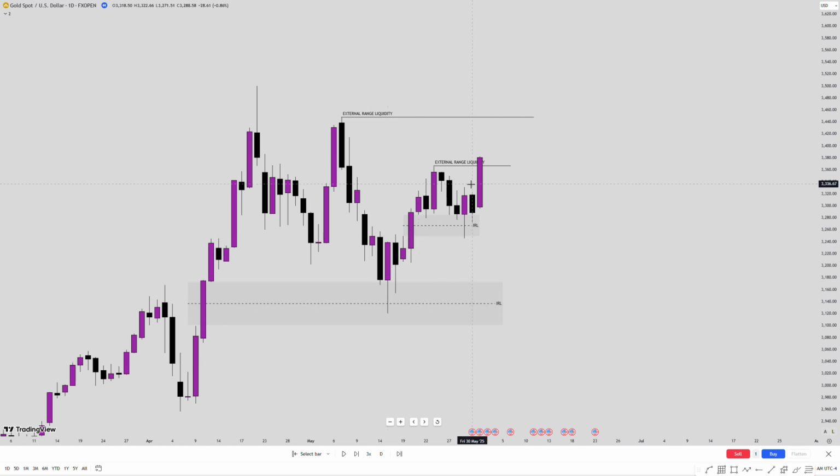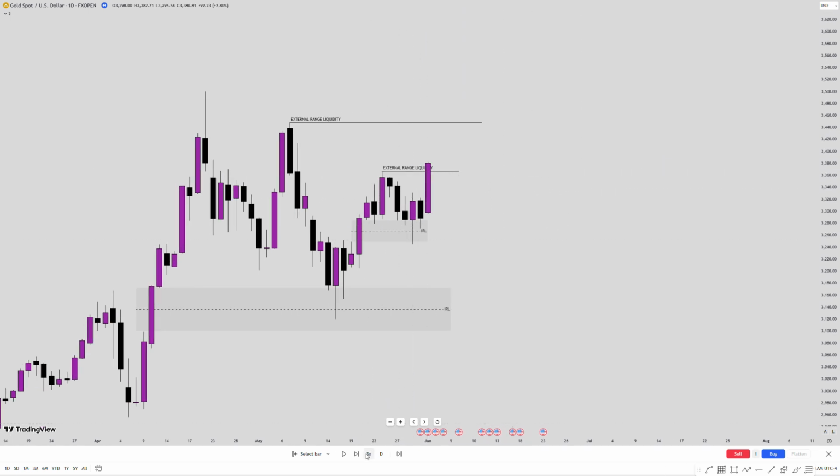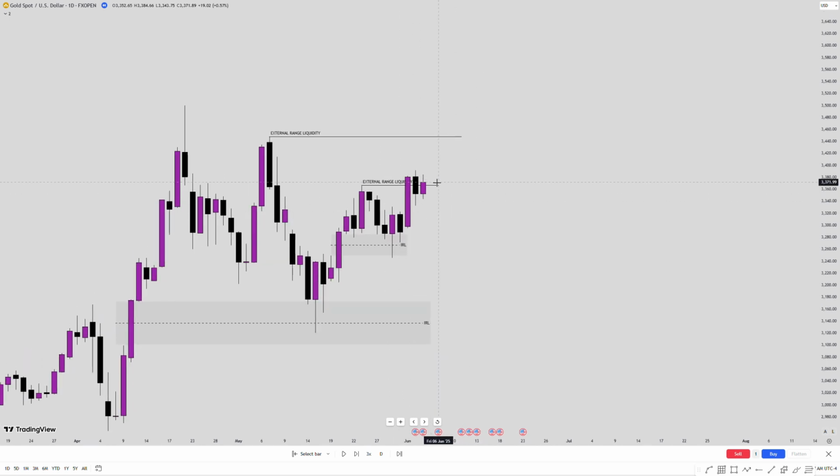Boom, we've taken out the external range liquidity, right? Now we have to wait and see what price does. We have that internal range liquidity. We've taken out the external, so now our main goal is to focus on that internal range liquidity. That's what we call the internal. Now let's see what price is going to do.